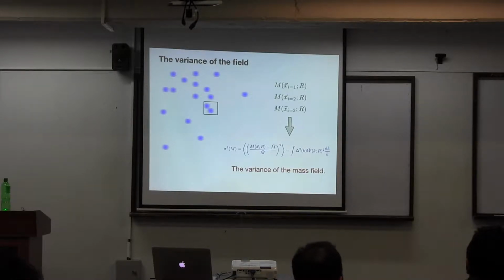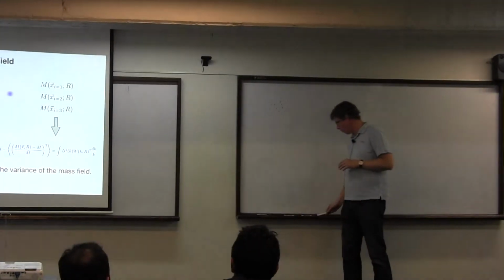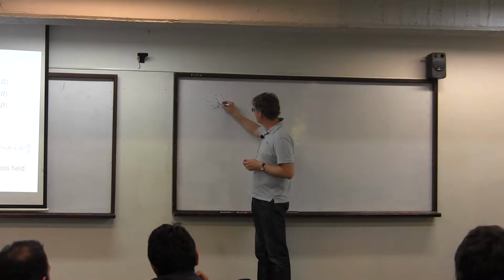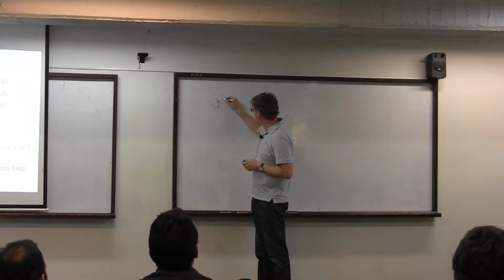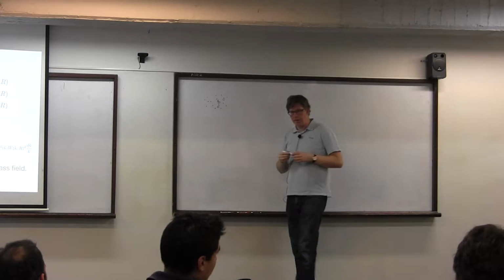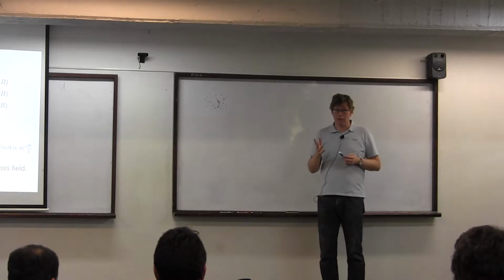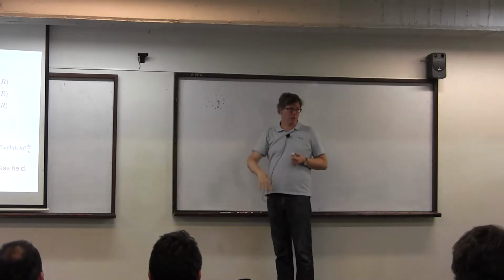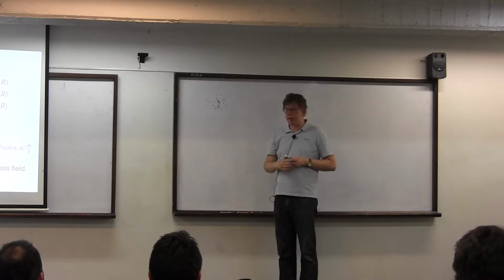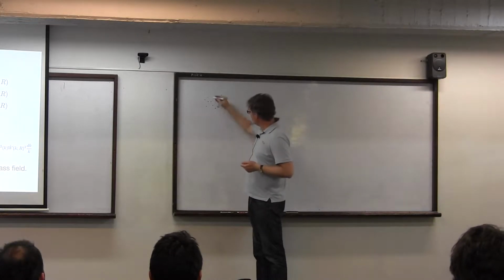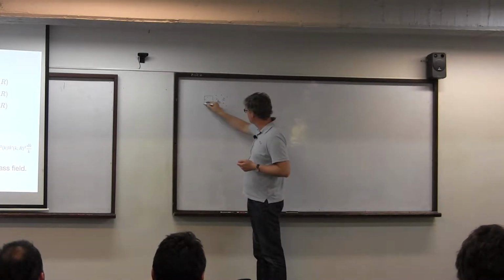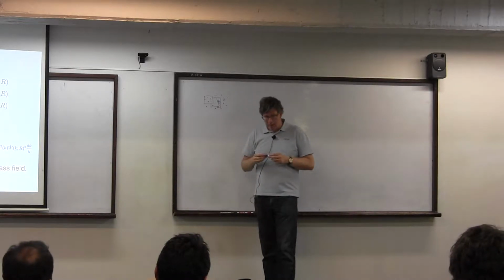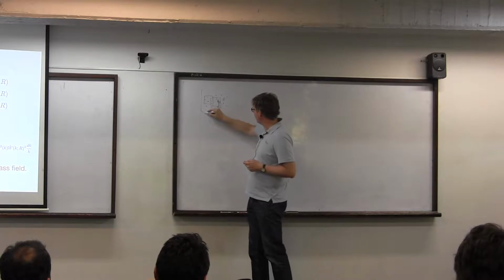If I make a very small box, the variation I get between the different measurements is large, sometimes 0, sometimes 1. It goes from 0 to 1, sort of the full range. Now imagine I make a big box. Make one here, one here, one here, or I can make a really big one.